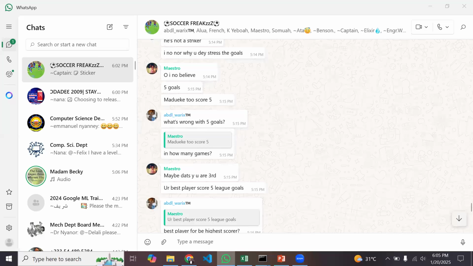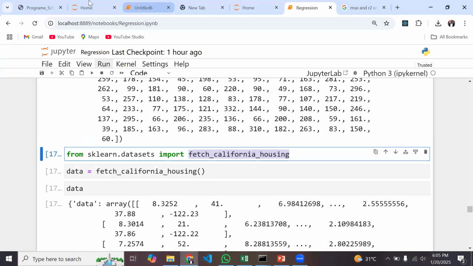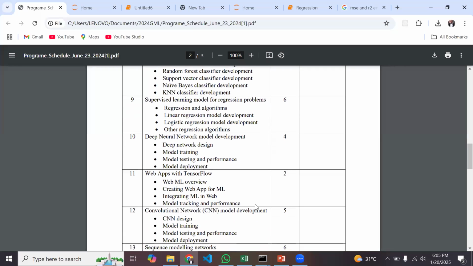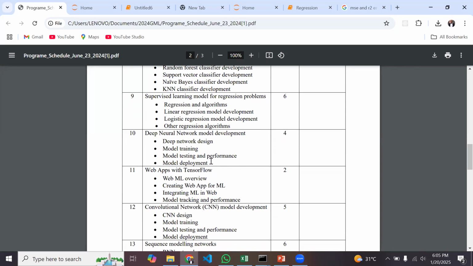What we have outstanding is because this year we introduced a number of things, the classifiers and the regressors, in the program. So it has taken us a bit more time than we anticipated. What we will do is I will discuss with Ken again, and we now have to move to deep multi-layer neural network model development.